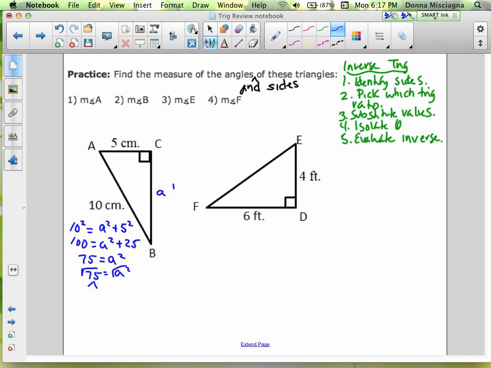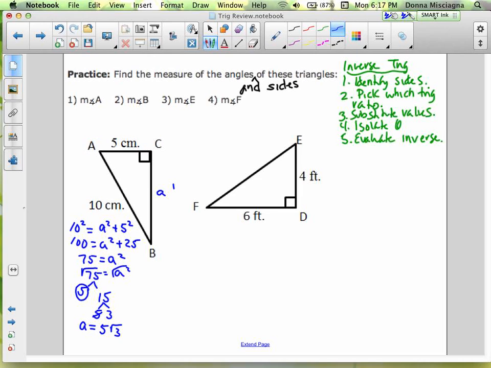I can divide 75 by 5, which goes in 15 times. 15 is divisible by 5. That's 5 times 3. And notice we have a pair of 5s. One 5 comes out, one 5 goes away. The 3 did not have a buddy, so that's going to stay in the radical. So A here is equal to 5 square roots of 3.